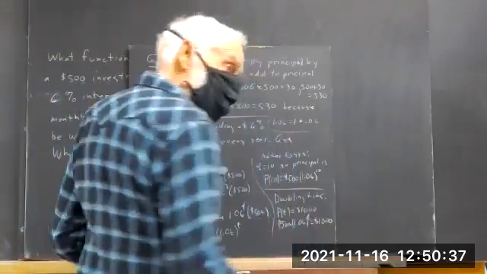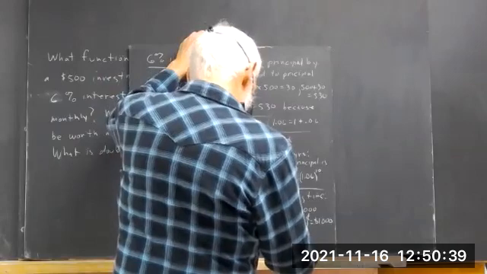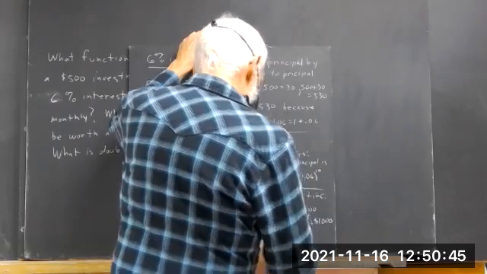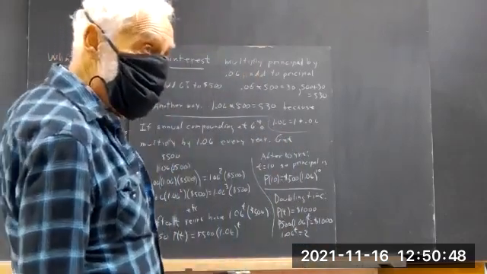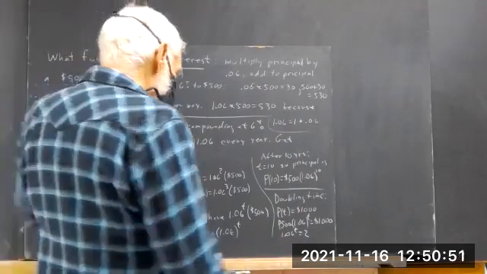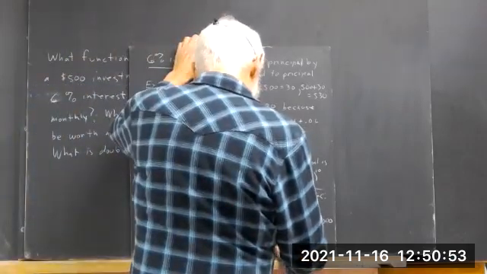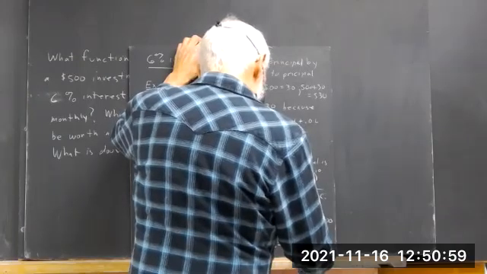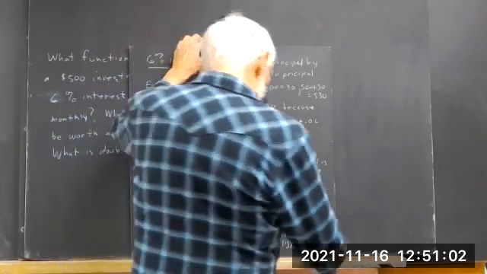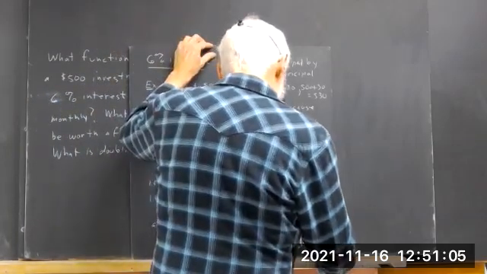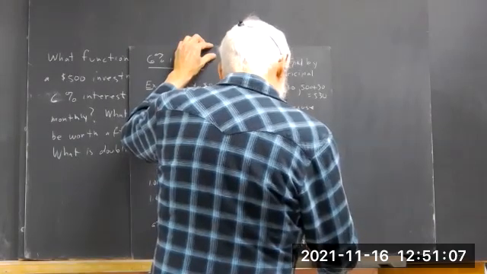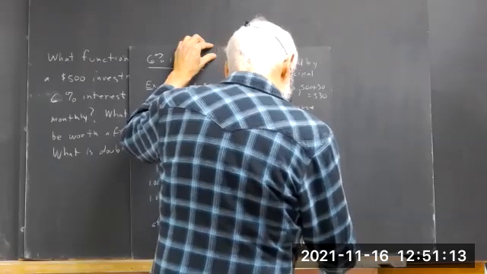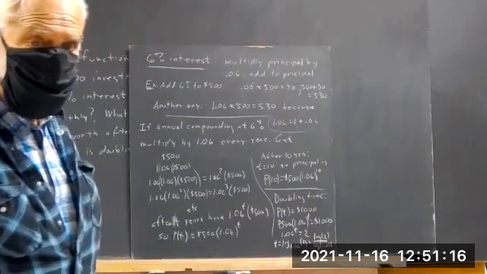Well, you divide both sides by 500, and you get 1.06 to the T equals 2. So T is log base 1.06 of 2, which is log of 2 divided by the log of 1.06.